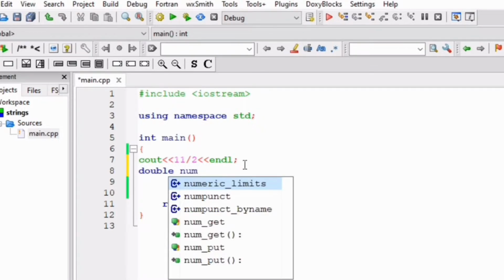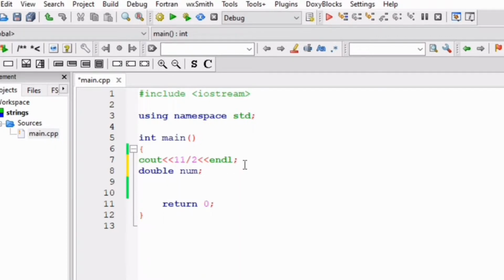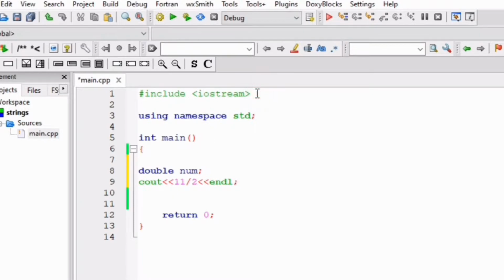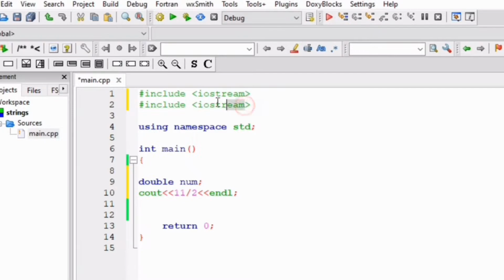So we need to use doubles. These doubles do recognize decimals as compared to integers. So let's change our program and run it again. Let's write cmath. Why?